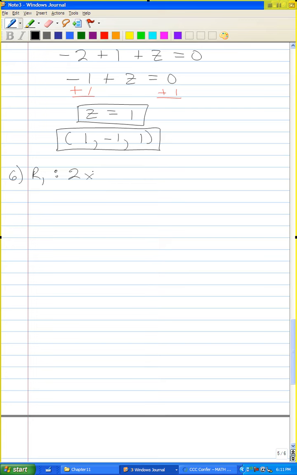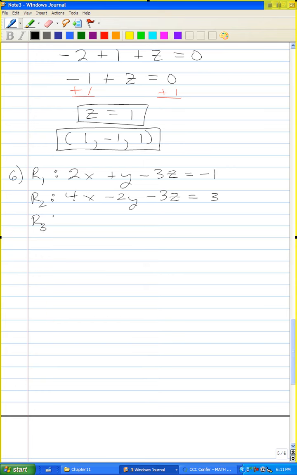And so 2x plus y minus 3z is equal to negative 1. Second equation, 4x minus 2y minus 3z equals 3.